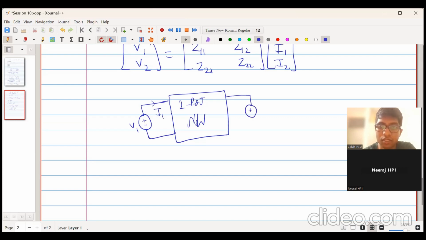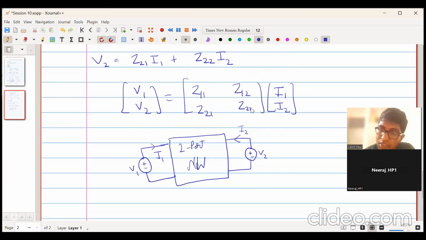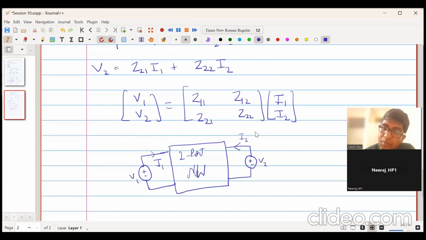Similarly, plus minus V2 and I2 flowing into the network. And these voltages and currents are represented in terms of these Z parameters, as well as in terms of Y parameters. So both sets of parameters can be used to represent the same network.